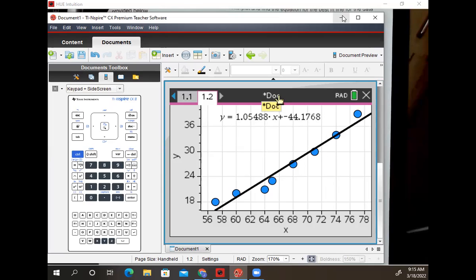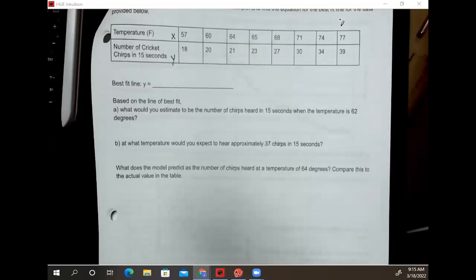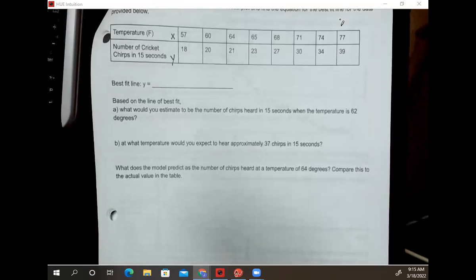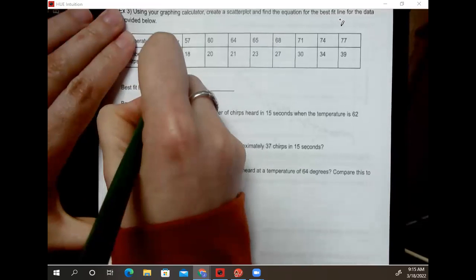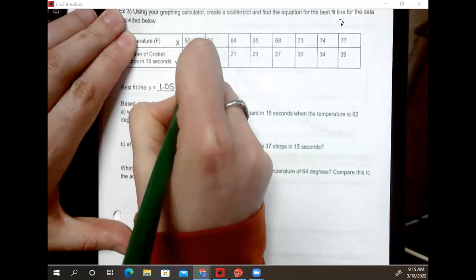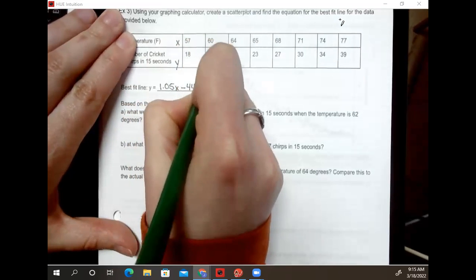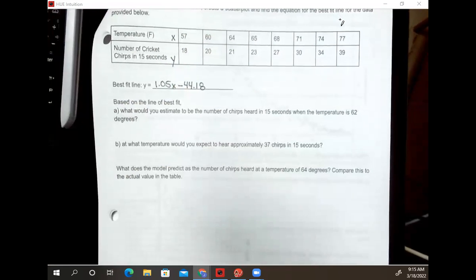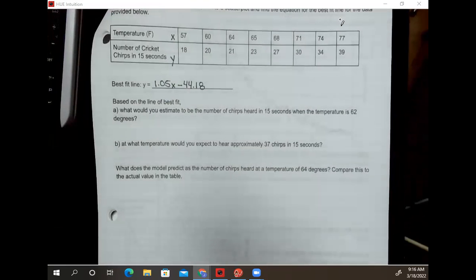I'm going to go ahead and put this down for a second so I can write this down in my notes. Okay. So there's my best fit line. There's my model for this information.